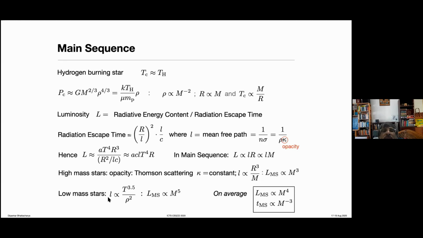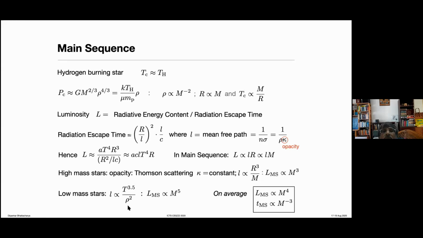For low mass stars, the mean free path is proportional to a more complex function of temperature and density. And this is because the opacity comes typically from bremsstrahlung, or free interaction between electrons and photons.